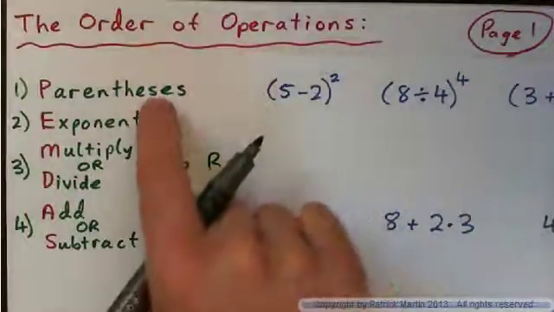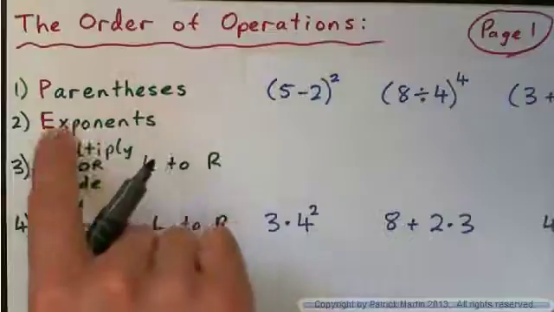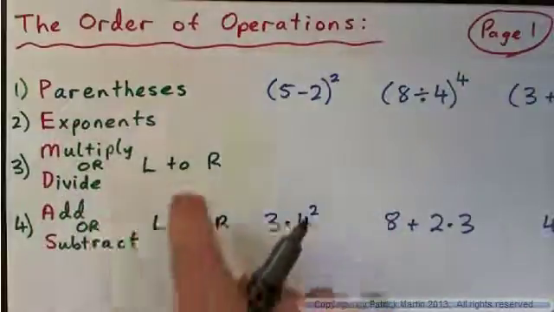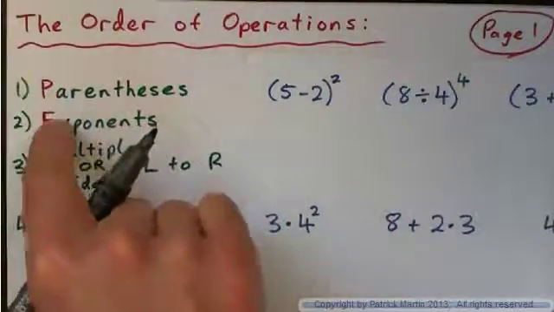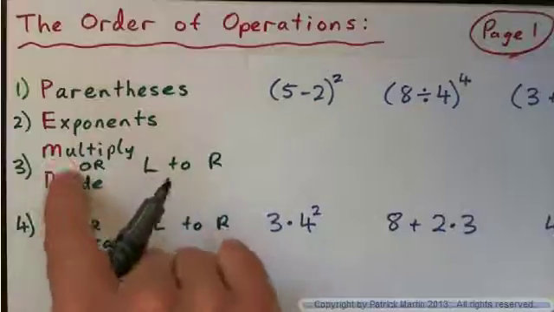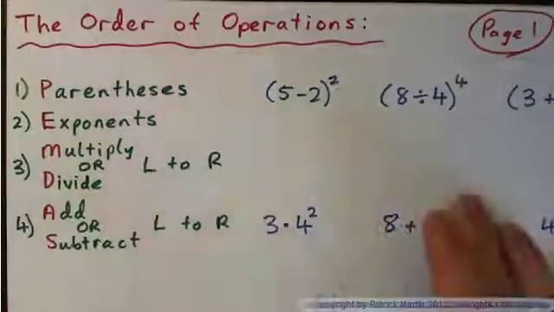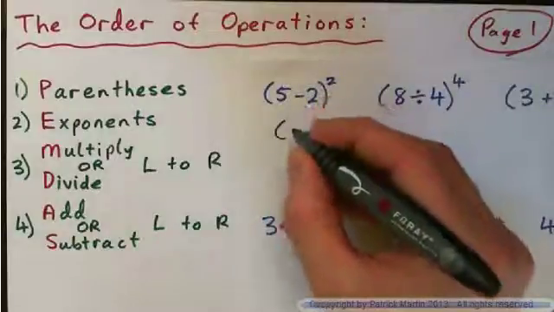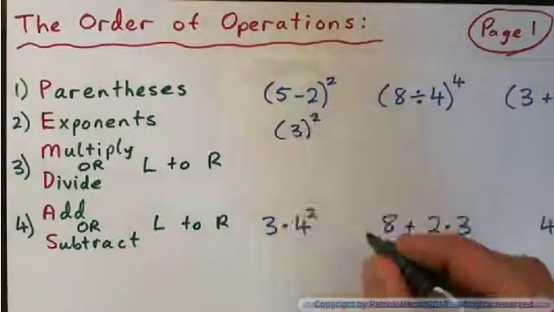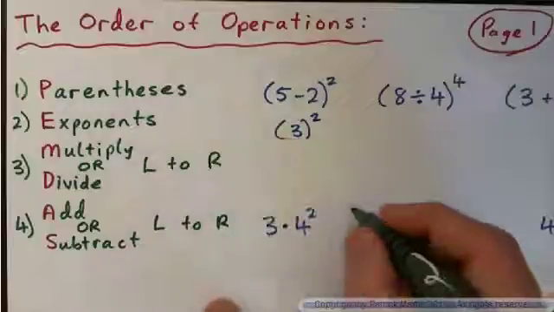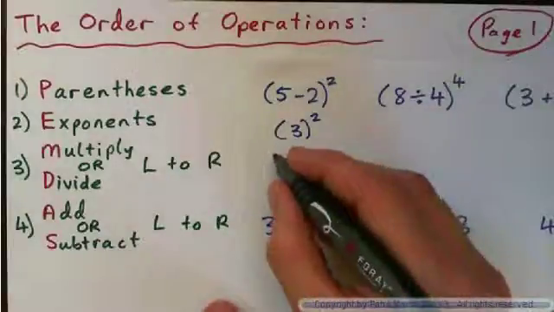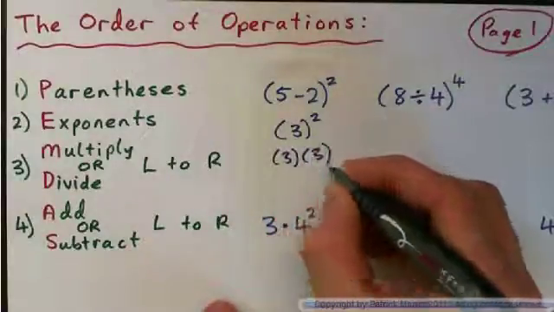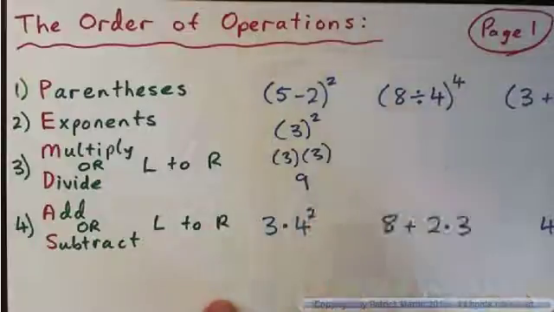So we start with parentheses and then we'll do the exponent, because this is what the order of operations says. You start with parentheses, then do exponents, then multiply or divide from left to right, then add or subtract from left to right. So we do what's inside the parentheses. 5 minus 2 gives 3, and then we need to square that, and 3 squared is 3 times 3, which is 9.